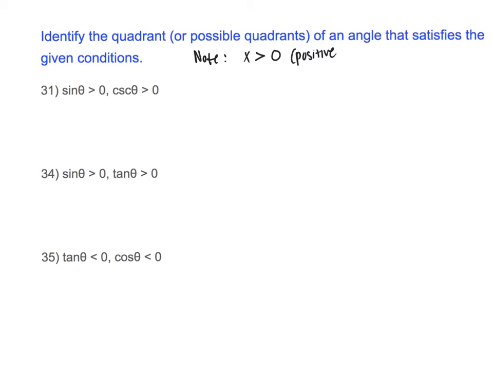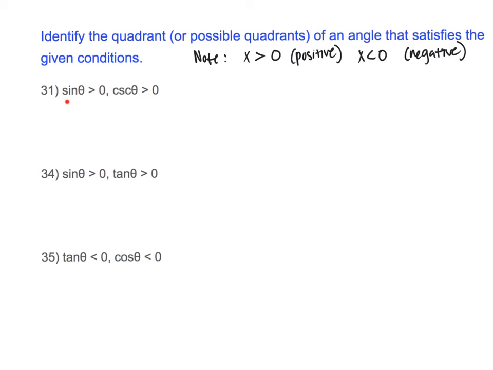Whereas if x is less than 0, those are going to be your negative numbers, okay? So based on where the inequality is facing, it means either a positive value or a negative value. That's just a quick way in mathematics that we can say that instead of writing a sentence like that.